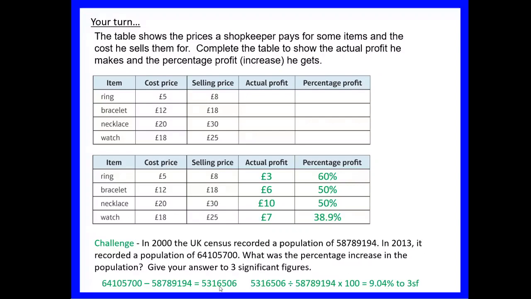So that gives us a total difference of 5,316,506. We divide that by our original value. Again, the original value was the original population times 100. And to three significant figures, we get 9.04%. So well done to you if you had a go at that one and got that one right.